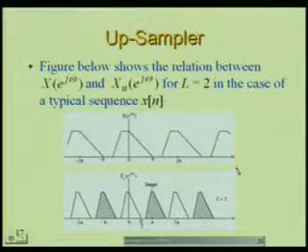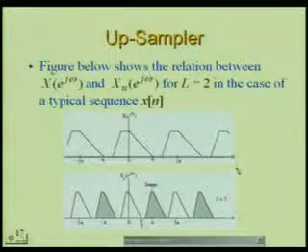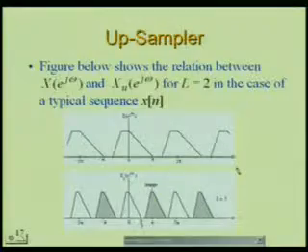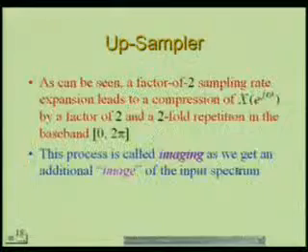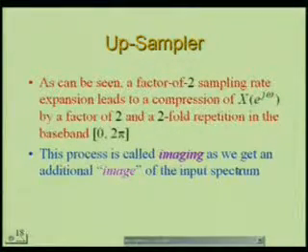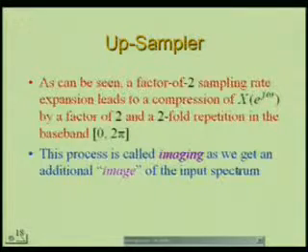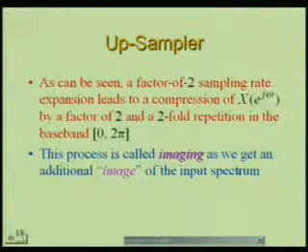Here the frequency response is compressed by a factor of 2, therefore, it is a two-fold frequency response. This process is called imaging, as we get an additional image of the input spectrum. This is a very interesting point which should be noted.